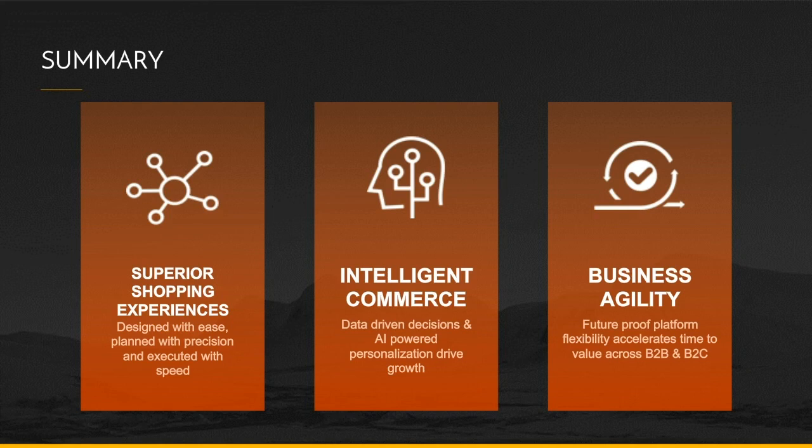We also talked about how Magento now is enabling a more intelligent approach to commerce using a more data-driven approach, as well as the AI engine from Adobe Sensei to help drive growth through personalization. And we also talked about various types of different business models and how the Magento platform can support agility and accommodate for all of those and really help you future-proof the platform and move at the speed of your customer.